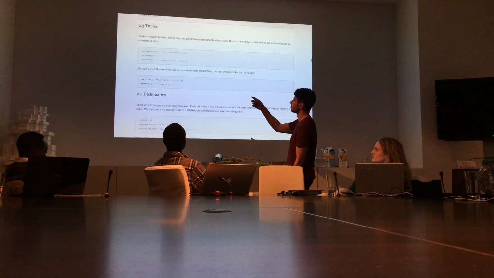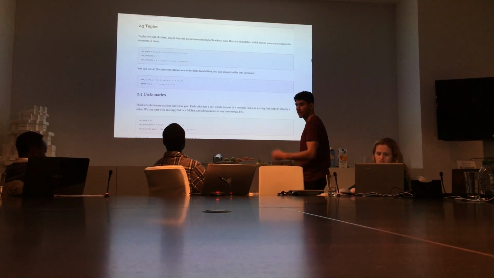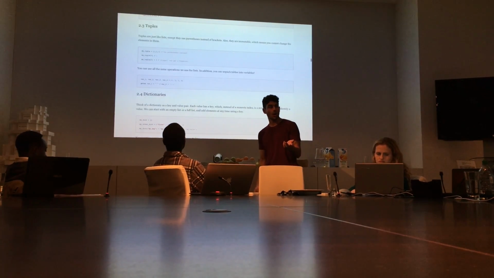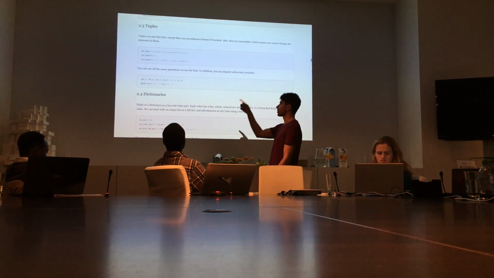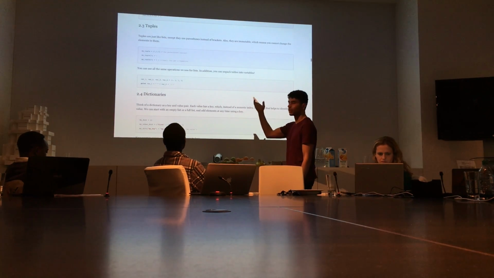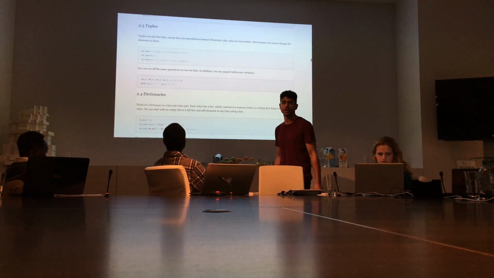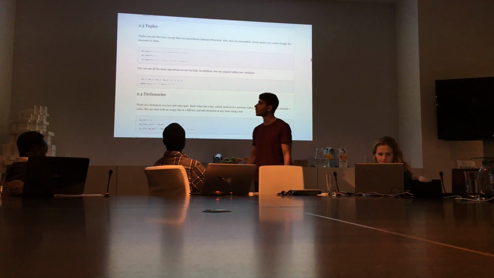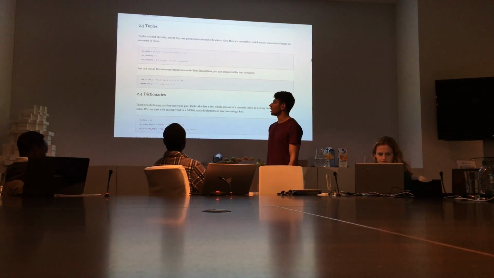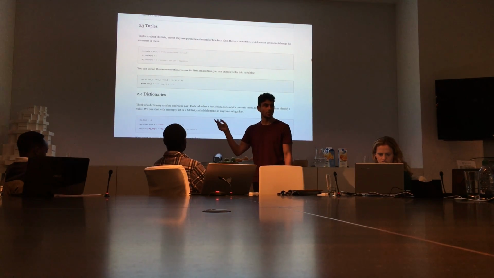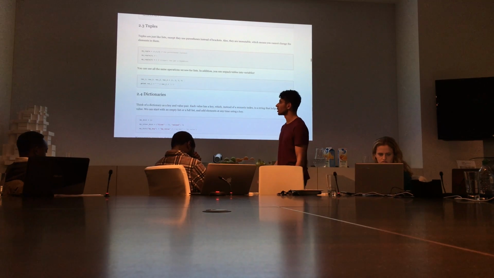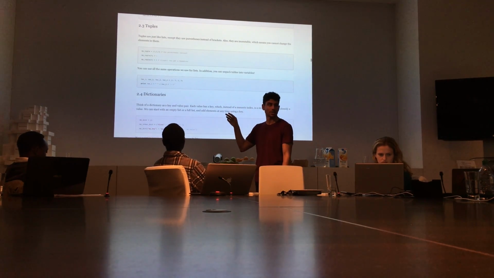To create a tuple, instead of using square brackets, you would use parentheses, and the elements within a tuple are also separated with commas. To access an index of the tuple, you would also use bracket notation and then provide the index, just like a list.